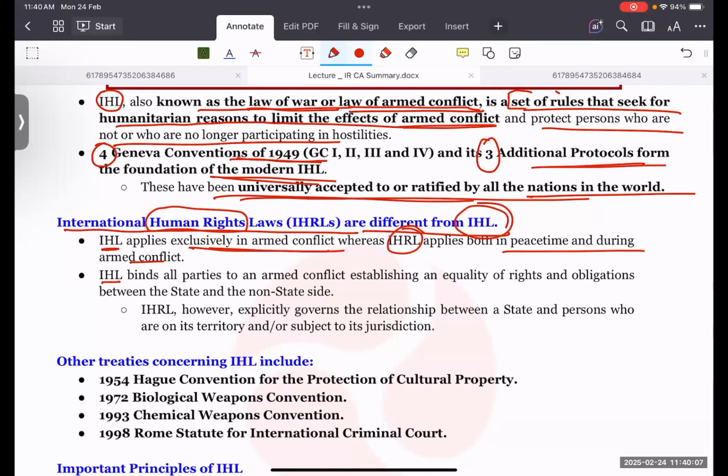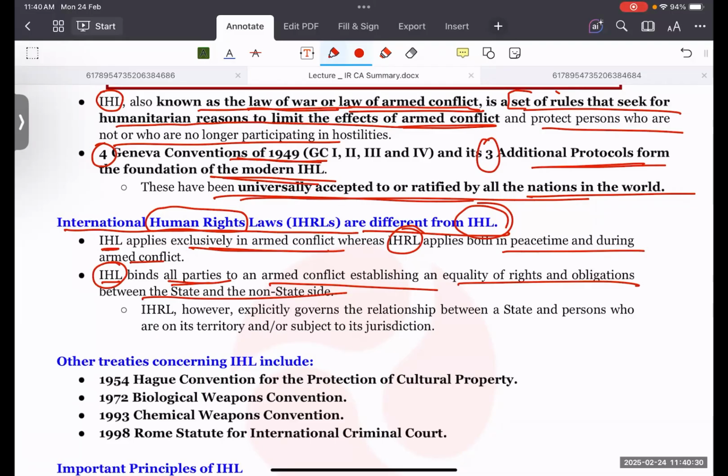When we speak about the international humanitarian law, it binds all the parties to an armed conflict, establishing an equality of rights and obligations between the state as well as the non-state side. So it can be any authority, any party, a state or a non-state party. If it is involved in an armed conflict, it provides you the equality of rights and obligations.